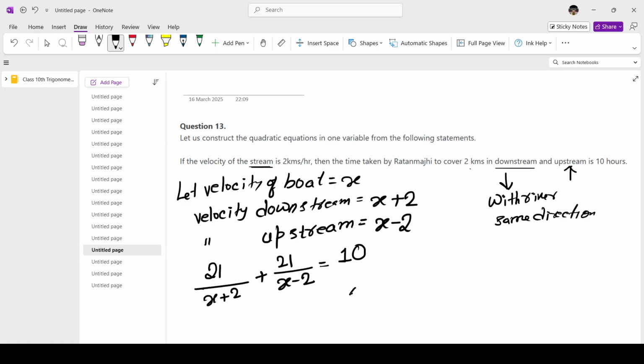So after solving it, this will become 5x square minus 21x minus 17 equal to 0. Okay, this is the question.